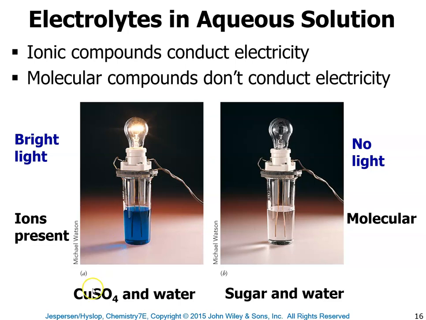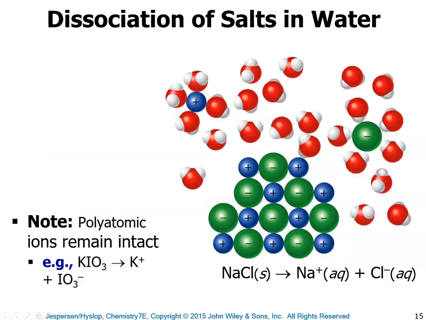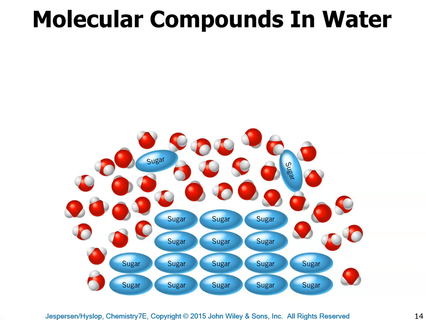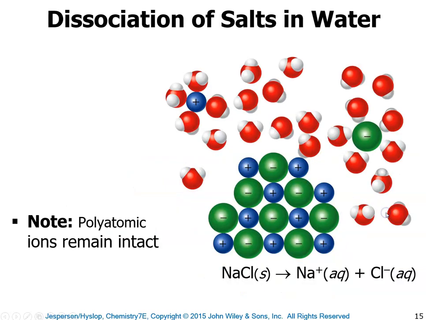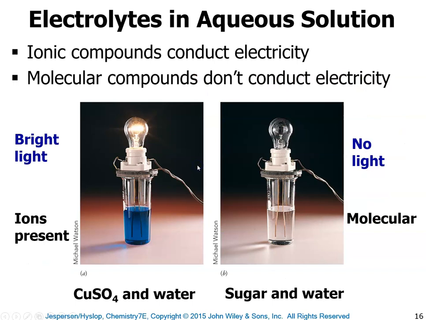And copper sulfate and water will conduct electricity. Sugar and water does not. Again, because of this idea that I showed you before, when we have solid compounds like sugar dissolved in water, there is no ion, there's no electron spot for this to move on, where there is a positively charged group where electrons can flow if this is concentrated enough.